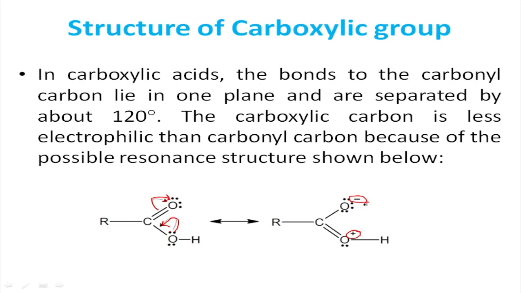So compare the carboxylic acid with the aldehyde and ketone carbonyl group. In the carboxylic acid, this carbon is less electrophilic. In the carbonyl group, the carbon is positive and the oxygen is negative, so the aldehyde carbon carries a positive charge.